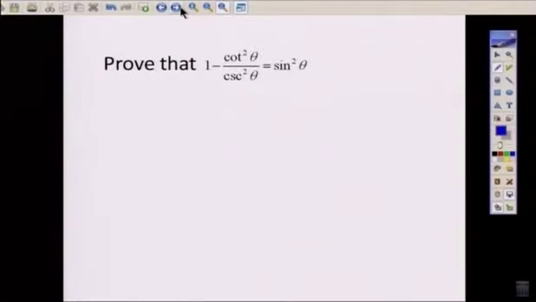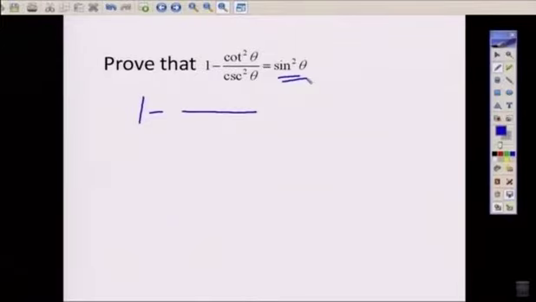So we're going to try another one. We're going to prove that 1 minus cotangent squared theta divided by cosecant squared theta is indeed sine squared. So 1 minus. We need to do a little substituting here. And since we want sine squared when we're done, it'd probably be easiest to go into sines and cosines again.